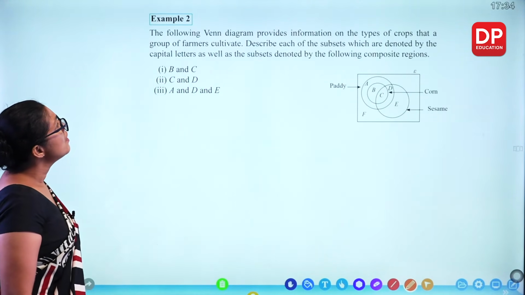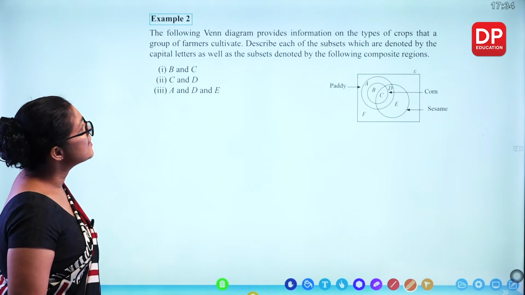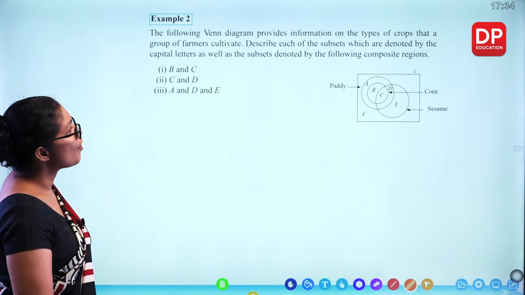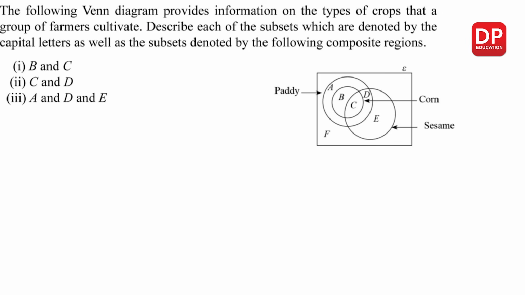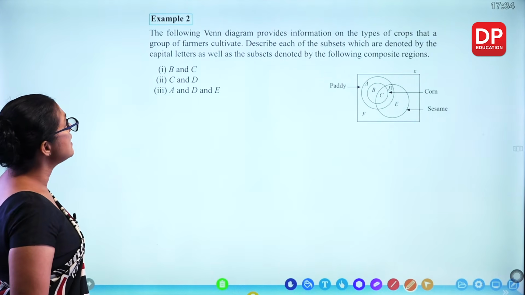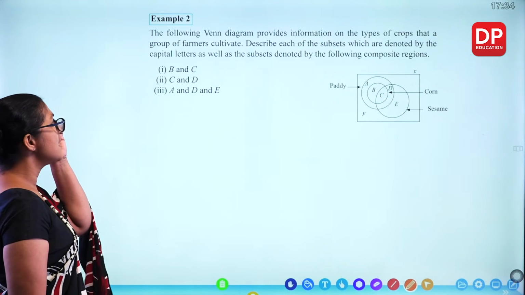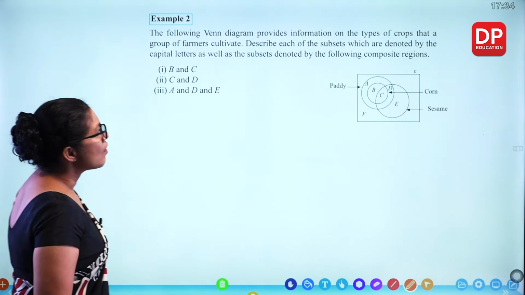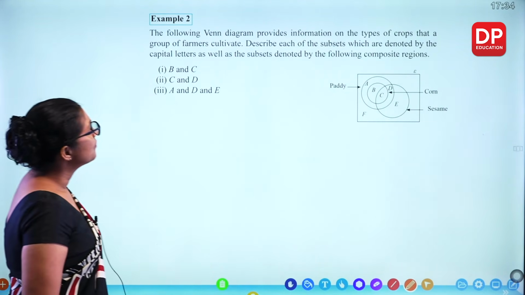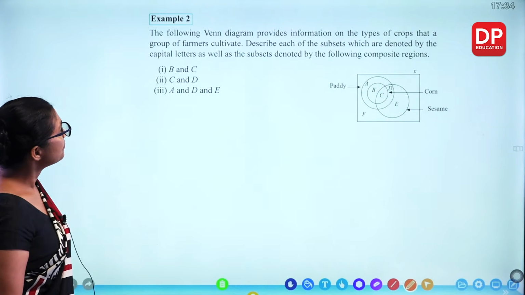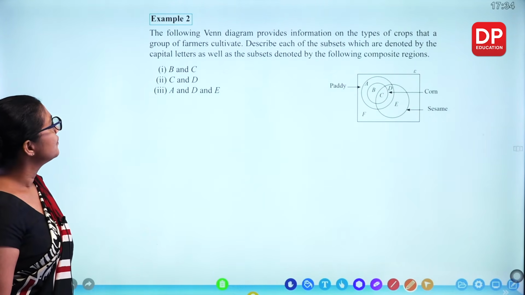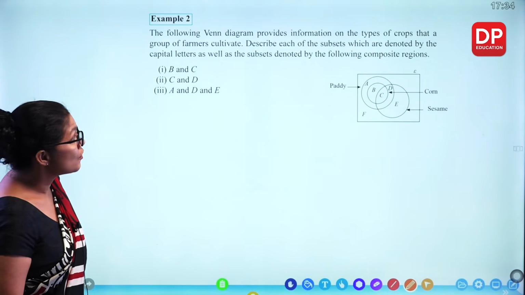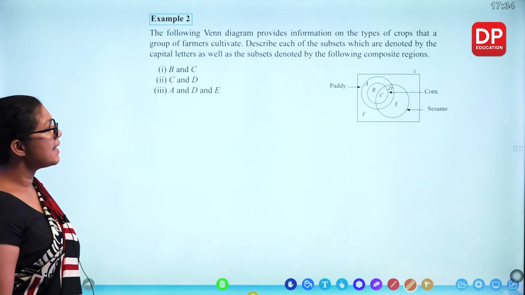Example number 2. The following Venn diagram provides information on the types of crops that a group of farmers cultivate. Describe each of the subsets which are denoted by the capital letters as well as the subsets denoted by the following composite regions. So you have to describe A, B, C, D separately as well.